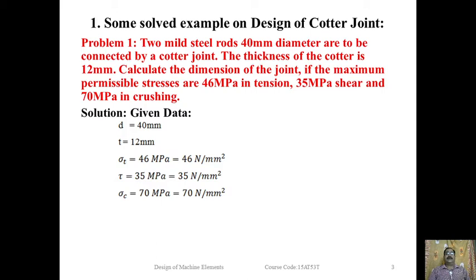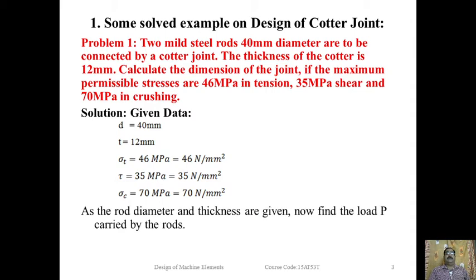Then shear stress, that is tau, is equal to 35 megapascal, that is equal to 35 Newton per mm square. And crushing stress, that is sigma c, is equal to 70 megapascal, that is equal to 70 Newton per mm square.